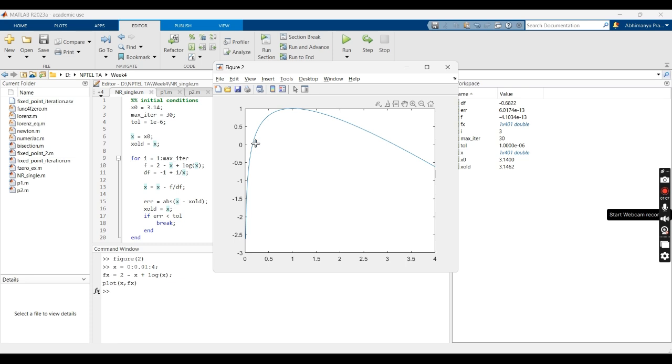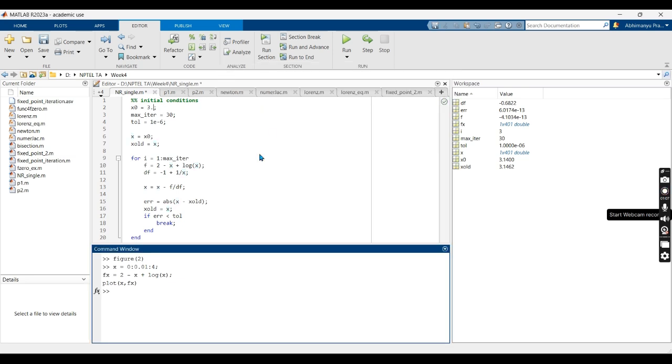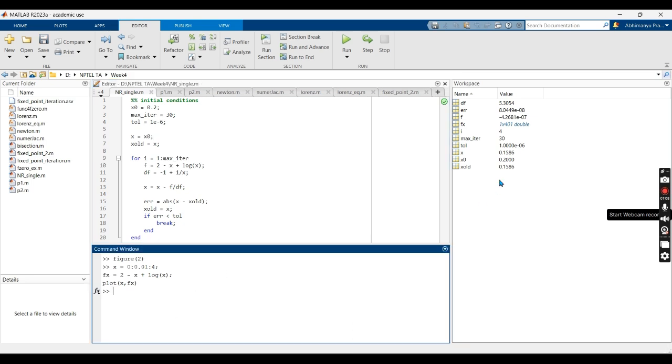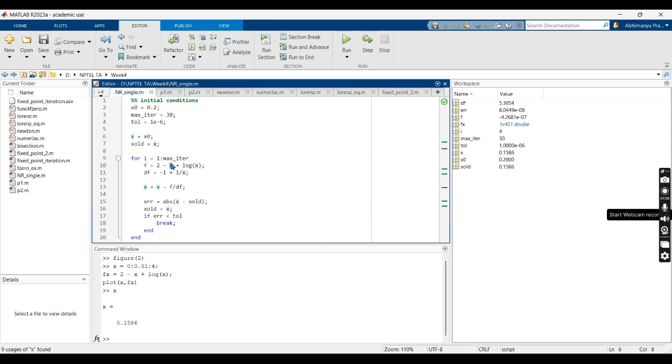If I give an initial condition which is closer to the first root, yeah. So in this case, it has converged to the first root. Okay.